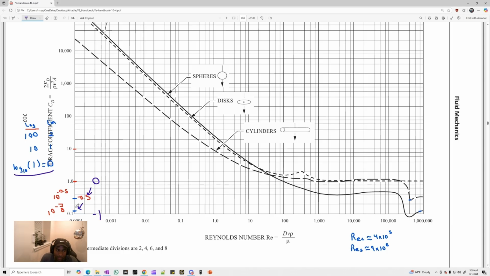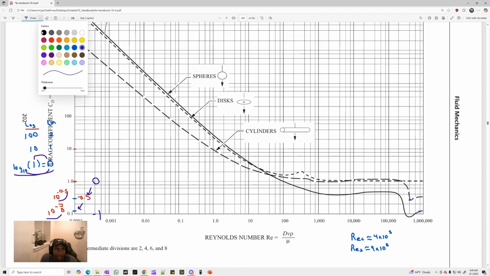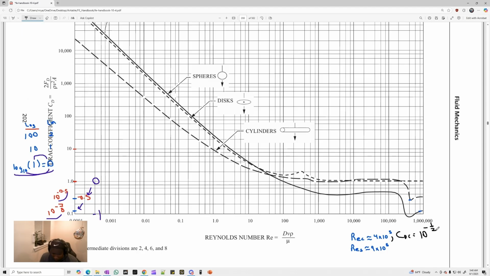Now, how do we interpret that via the log scale? We just use the relationship for logs, right? 10 to the 0 is 1. But instead of this being 0, it is -0.5 here. 10 to the -0.5 is what that is in log scale. 10 to the -7/8 is what that is in log scale. So I'm going to use that information to write down what my drag coefficient is. I get around 0.32 there.